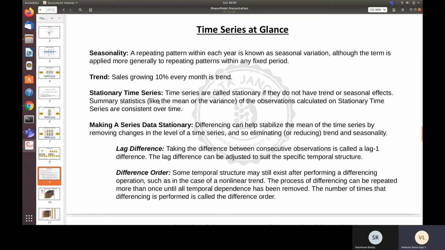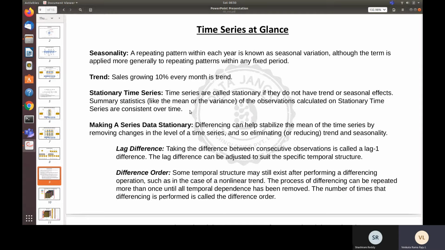Summary statistics, mean and variance, are central tendency, and variance will explain how much spread is in the data. The observations calculated on a stationary time series are consistent over time.